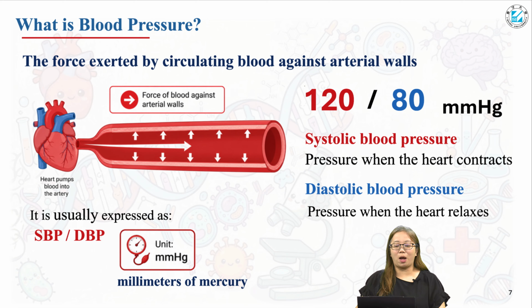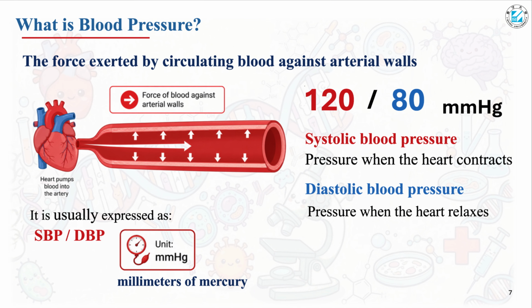Let us use 120/80 as an example. The number 120 is systolic blood pressure. Systolic blood pressure is the pressure when the heart contracts and pumps blood into the arteries. The number 80 is diastolic blood pressure.